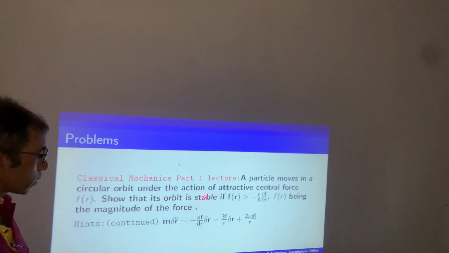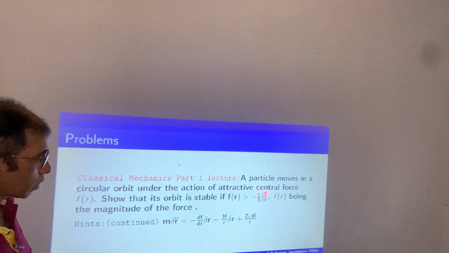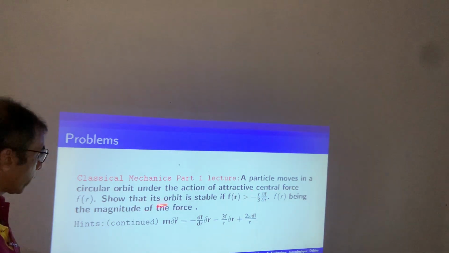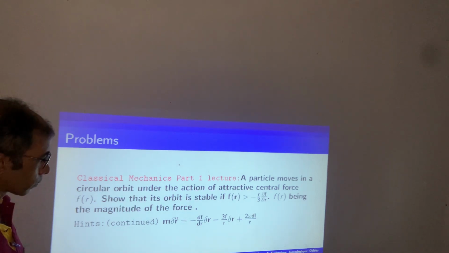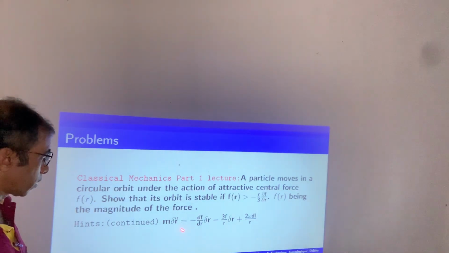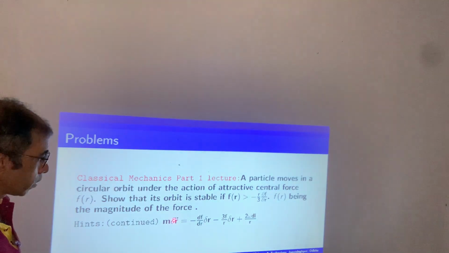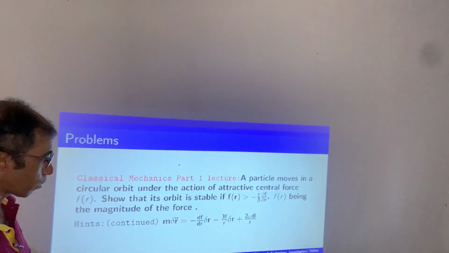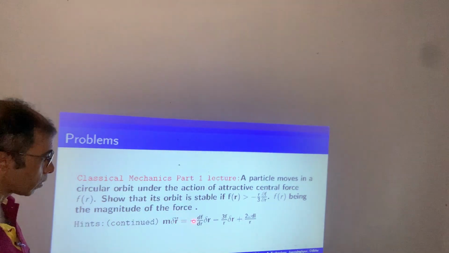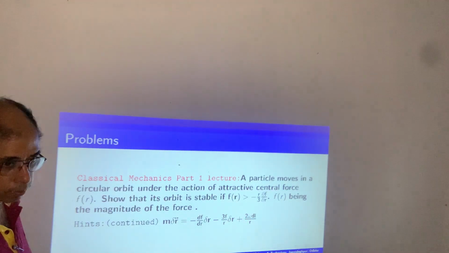Show that its orbit is stable if F(r) is greater than minus r by 3 del F del r, F(r) being the magnitude of the force. In order to show it, we arrived at this final result. Delta is the deviation of the radius of the orbit, so delta r double dot is equal to minus dF/dr delta r minus 3F by r delta r plus this.